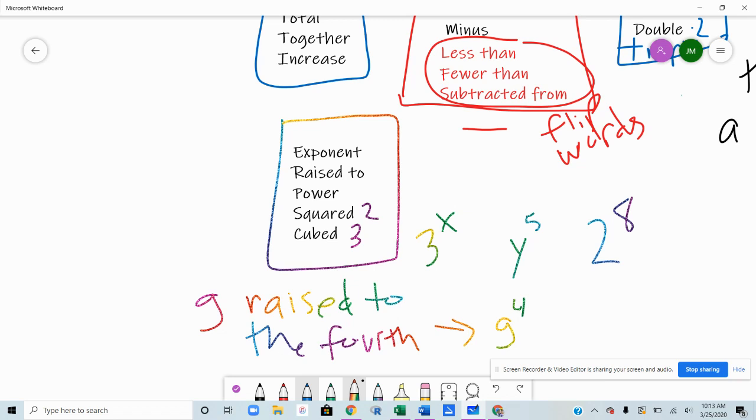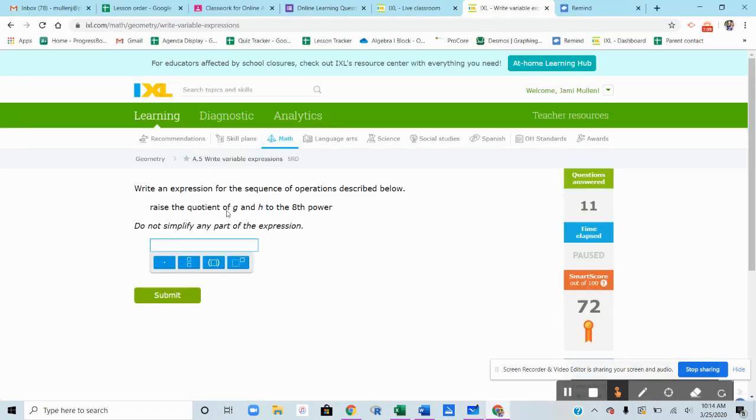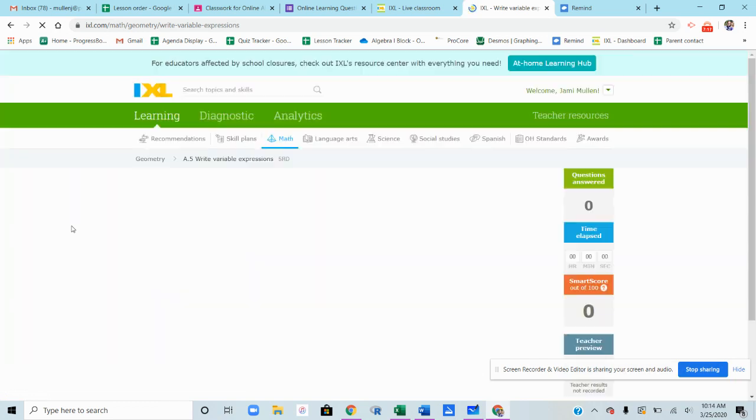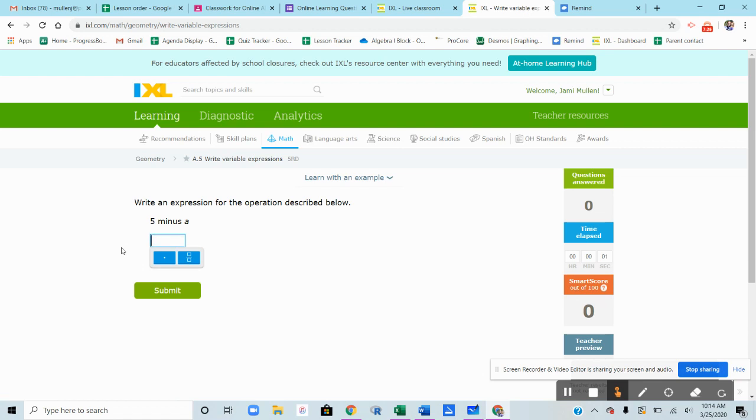So I'm going to take you to the IXL. I'm going to show you a couple of examples so that you can see what that looks like. Let me go ahead and refresh this real quick. Start with some easier ones. At any point, if you start to feel comfortable, you want to try the IXLs, you can pause the video, go try them, but then you can come back if you want to see a couple more examples here. So 5 minus A, remember our minus, you can go back and look at your words.